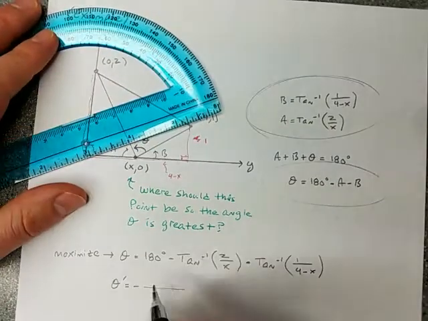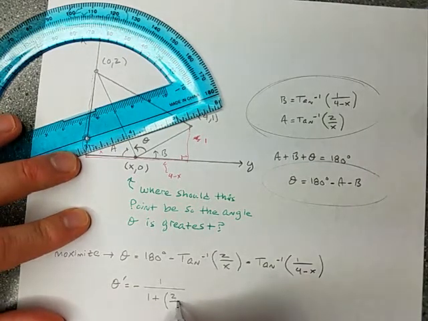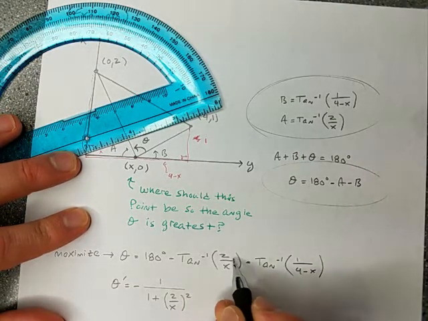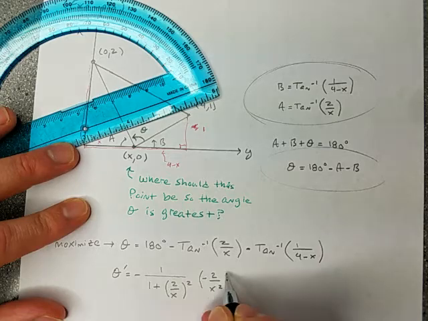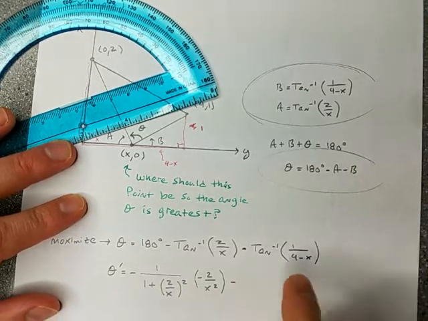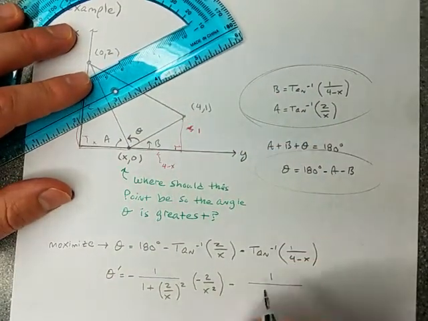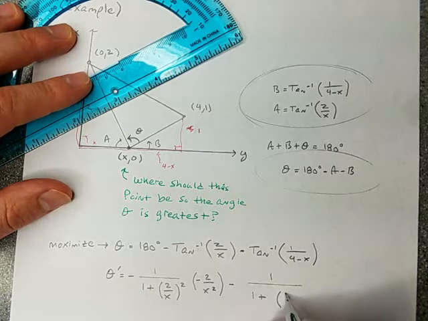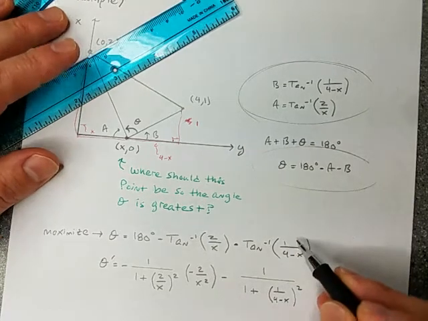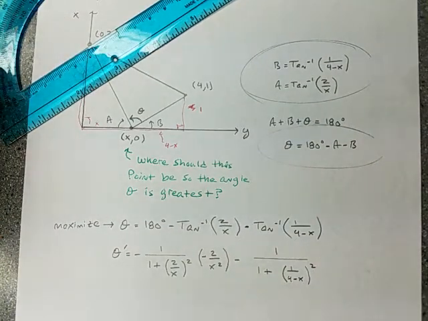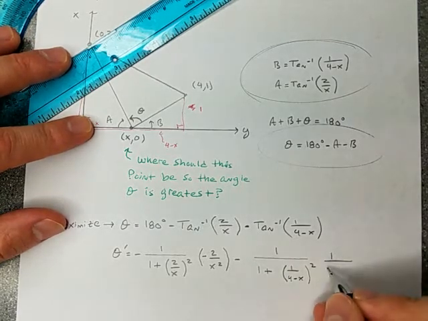Say that's my u, it's 1 over 1 plus u squared, so in my case 2 over x, times u prime, which is going to be negative 2 over x squared. And then minus, same thing here. I'm going to get 1 over 1 plus u squared times u prime. What's the derivative of 1 over 4 minus x? It turns out that's 1 over 4 minus x squared.